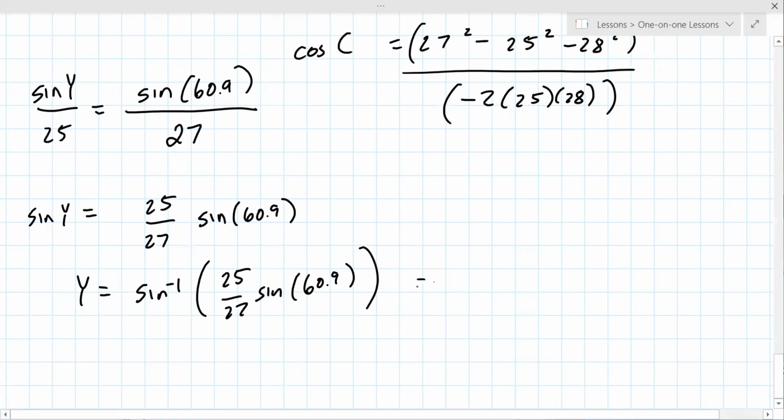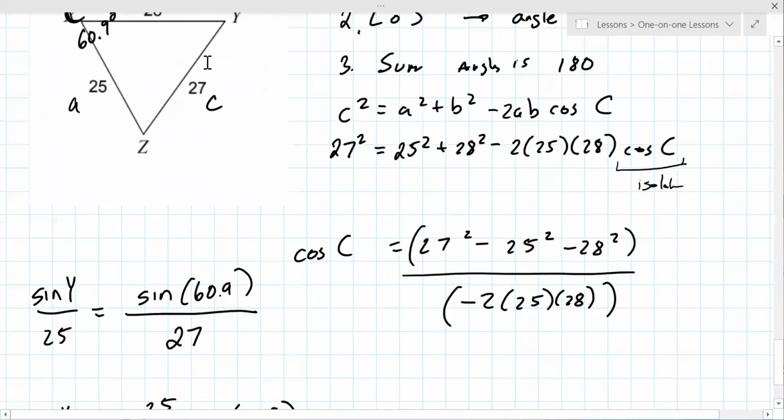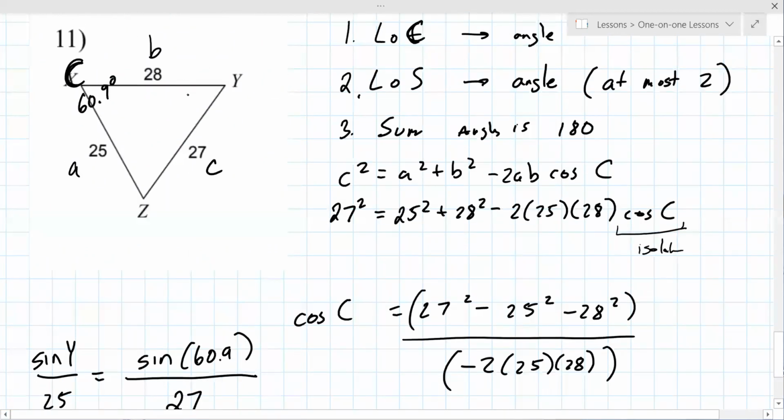It's about 54 degrees. Now you've got two of the three angles, so you don't need to do anything else with the law of cosines or law of sines. You just need to add them up and subtract from 180. Looks like it's going to be 65.1 maybe. That's it.